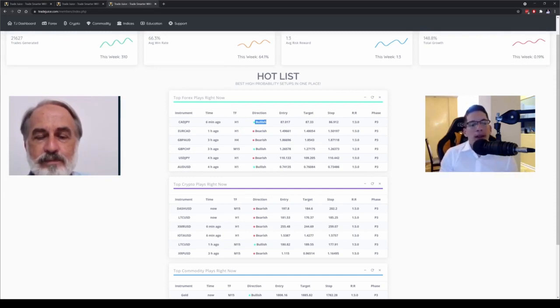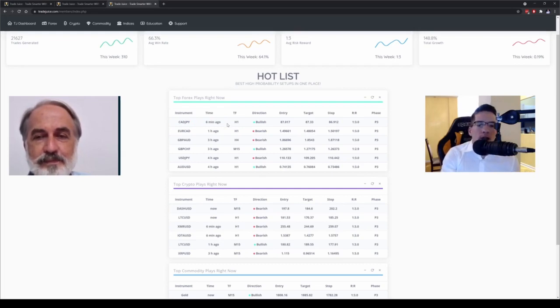Tradeology is running 24 hours, 5 days a week, searching over 300 different instruments, and it's always going to give you only the things that we can trade right now. So I don't need to come here and worry, okay, I need to find the system that I'm going to use.